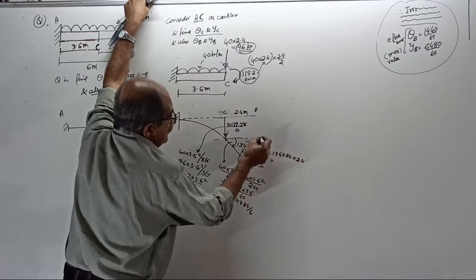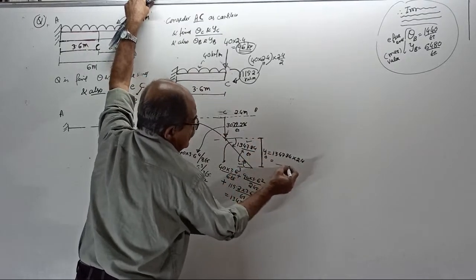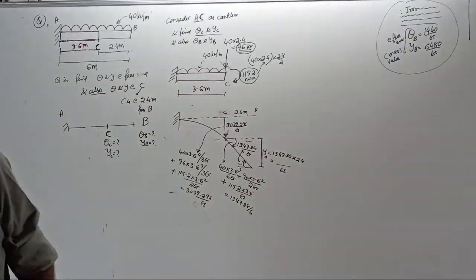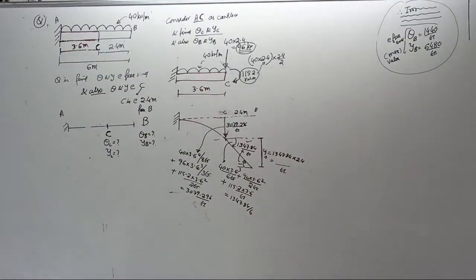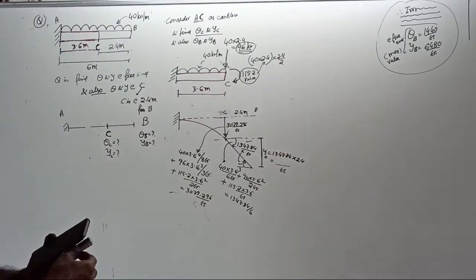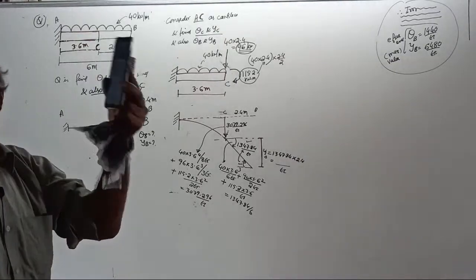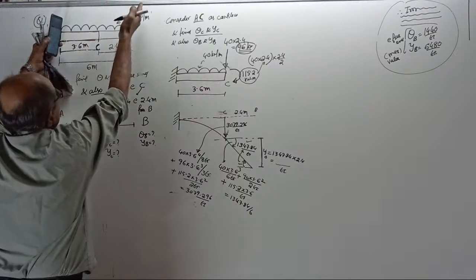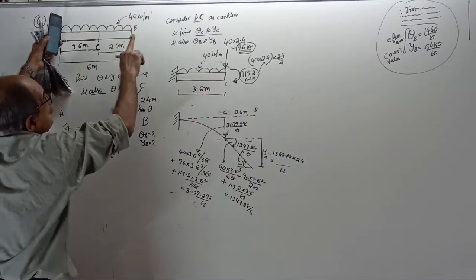That will give you this extra deflection. How much? Tell me, something by EI. For the remaining portion of the beam there is no curvature, because you are considering the bending of this cantilever, where that load is transferred here. Now that load is not there.